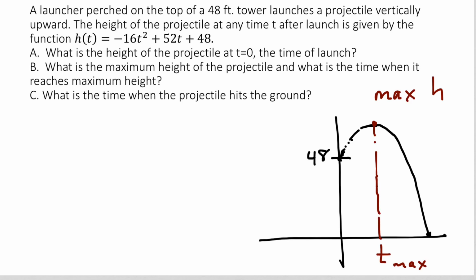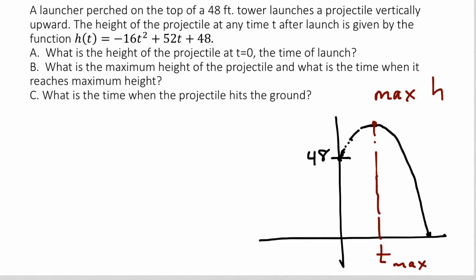One strategy we can use for these kinds of problems is our knowledge of the axis of symmetry. If that red line I drew there is the axis of symmetry, and that corresponds to the peak of the parabola, then this point where it hits the ground is one of the x-intercepts, and this point over here, this invisible point, which doesn't really play into it physically, would be the other x-intercept of our upside-down parabola.